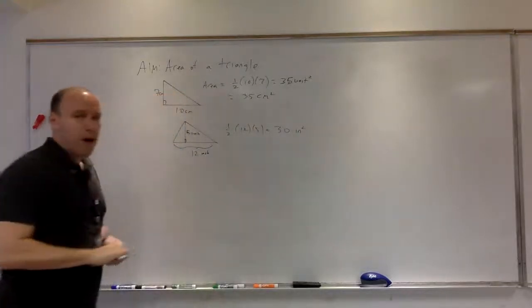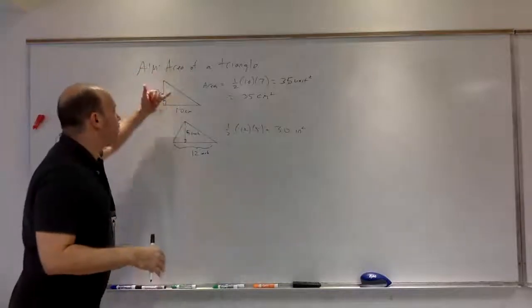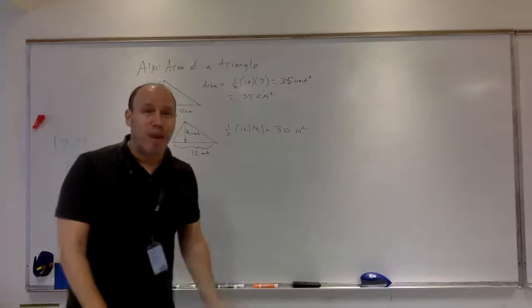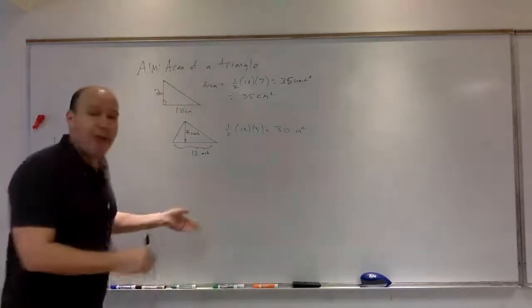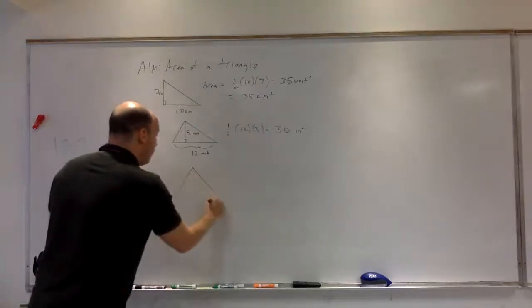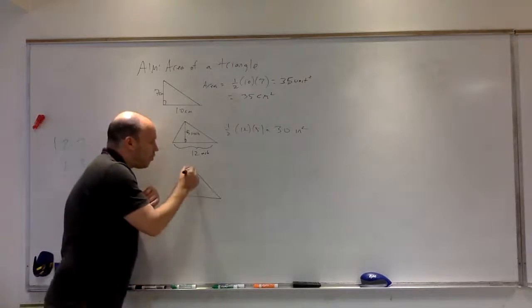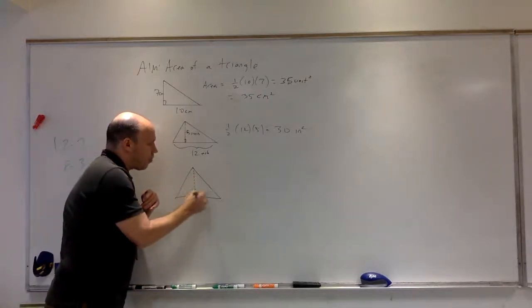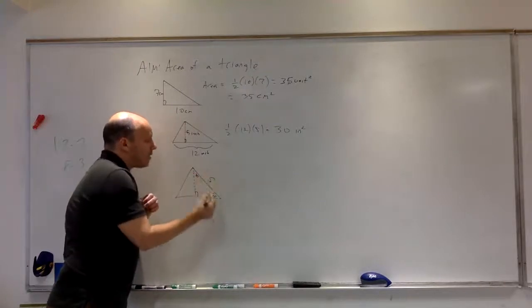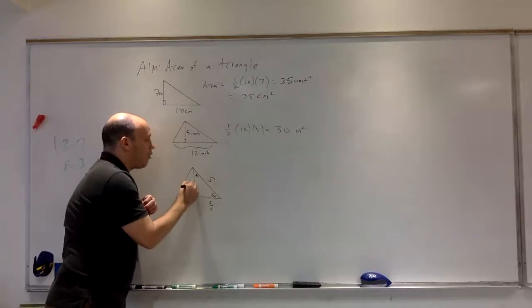Now the question is, what if we don't have a right triangle? What if we don't know the altitude? Well, we explored this a little bit. In the last class, we figured out a way to do it for an equilateral triangle. We dropped an altitude, and we knew this was a 30, 60, 90 triangle, with S over 2 and S radical 3 over 2.